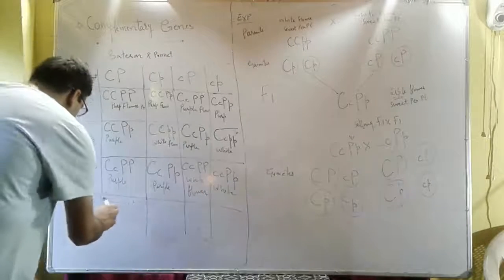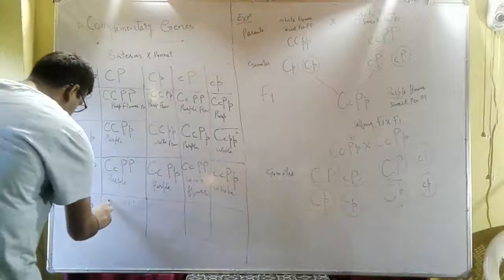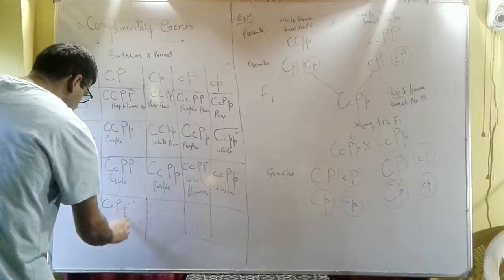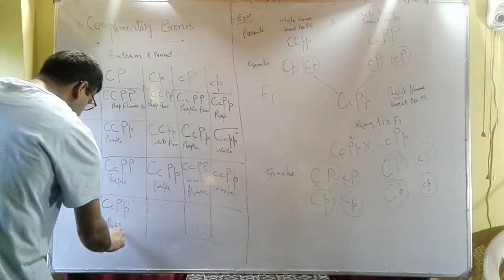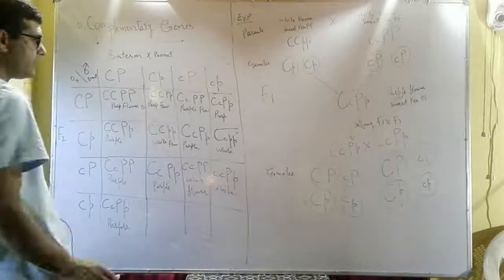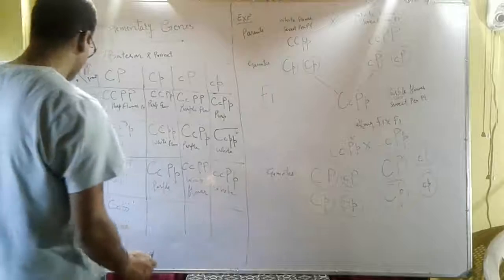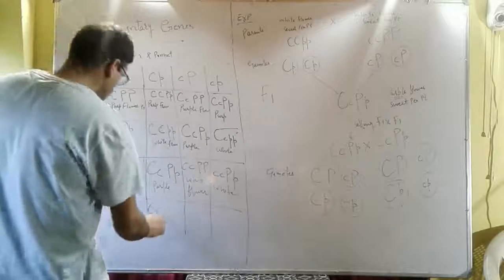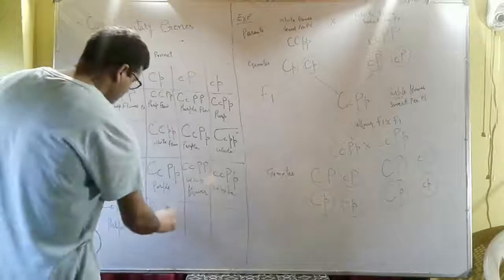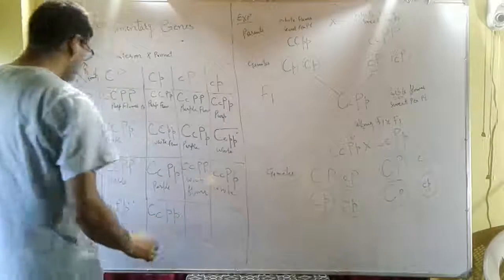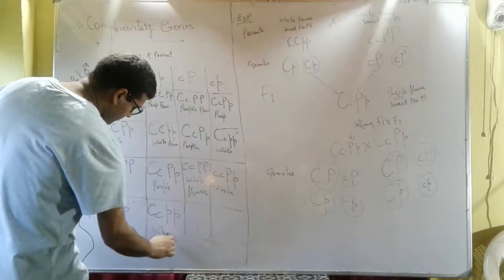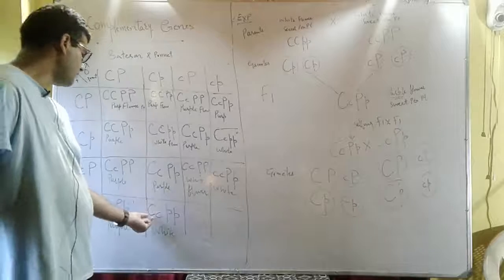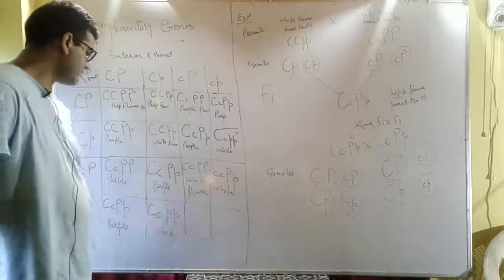Then we have here capital C, small c, and we have capital P, small p. This is a purple flower sweet pea plant. This will take capital C, small c, and small p. This is a white flower sweet pea plant, white flower, because only one dominant allele is present, the other dominant allele absent.